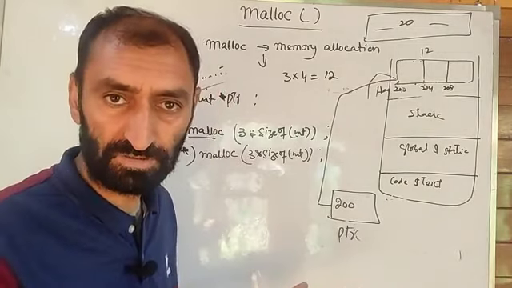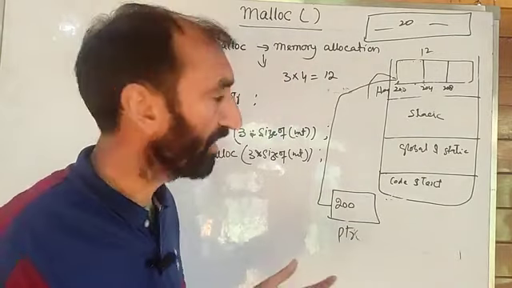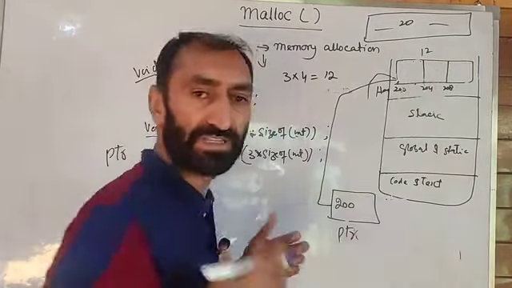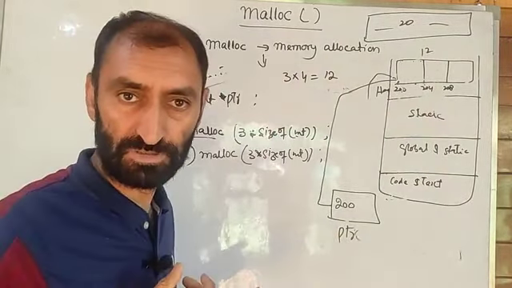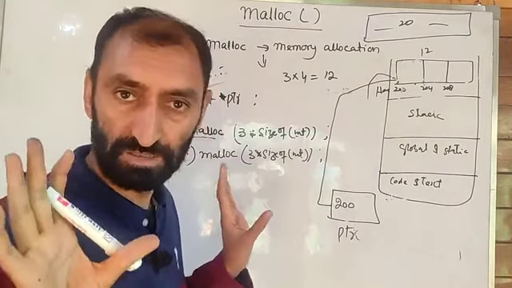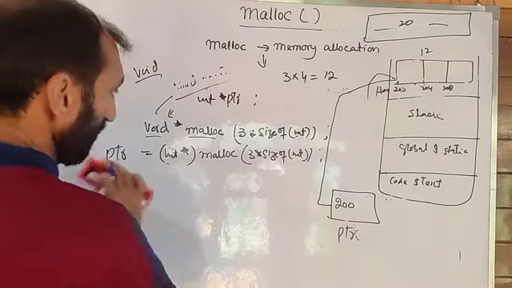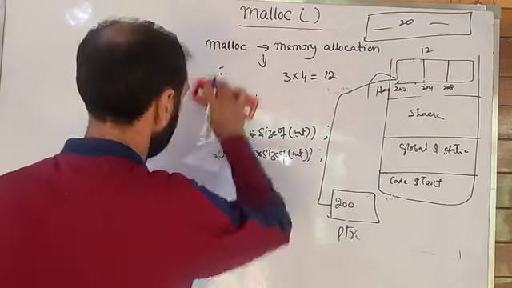So uninitialized memory contains some garbage value when allocated dynamically by using the malloc function. Okay, take care. Now I am going to write a program, and with its help we will discuss the working.